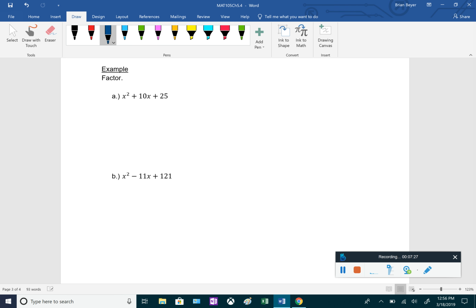So let's see this example. I'm just going to write it the same way that we did this previously. So it's a trinomial with a coefficient of 1 on the degree 2 term. So that means if we can factor it, we factor it as x plus or minus something times x plus or minus something.